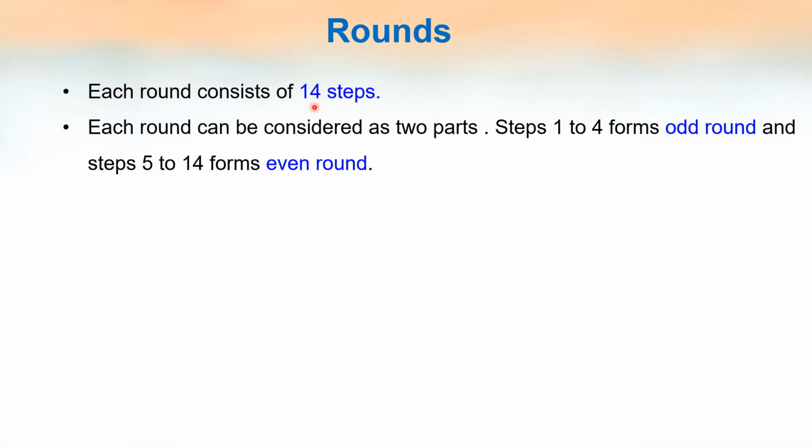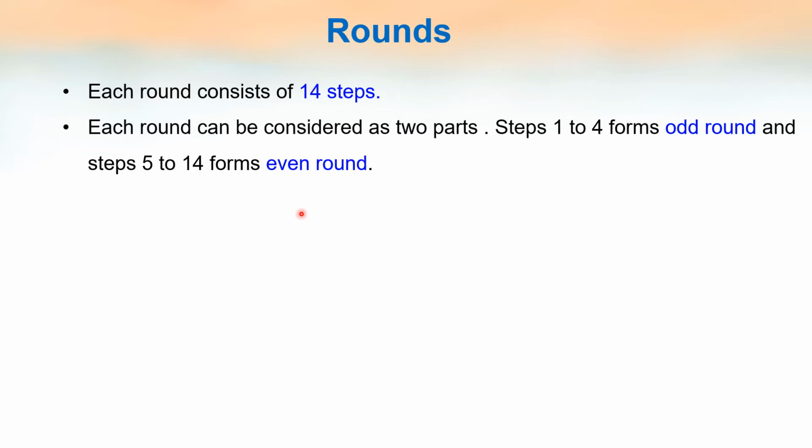Each round consists of 14 steps, as we have learned. Each round can be considered as 2 parts. Among the 14 steps, steps 1 to 4 can be called the odd round, and steps 5 to 14 form the even round.